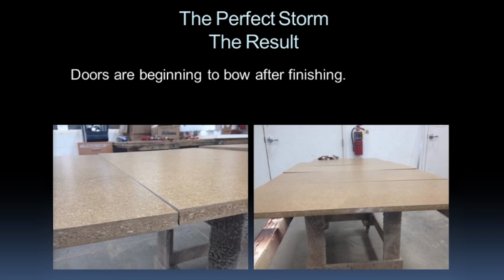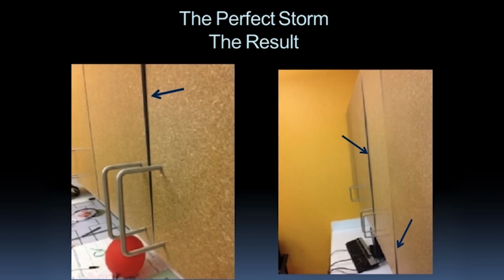And you can see here that the wheat board doesn't have an edge banding, so as we all know how MDF or wheat board works, that core is looser than the two outside surfaces, so it was just soaking up the finish. Most things that they put on it just kept soaking it up. And even though they were bowing, they were still told to go ahead and install them.